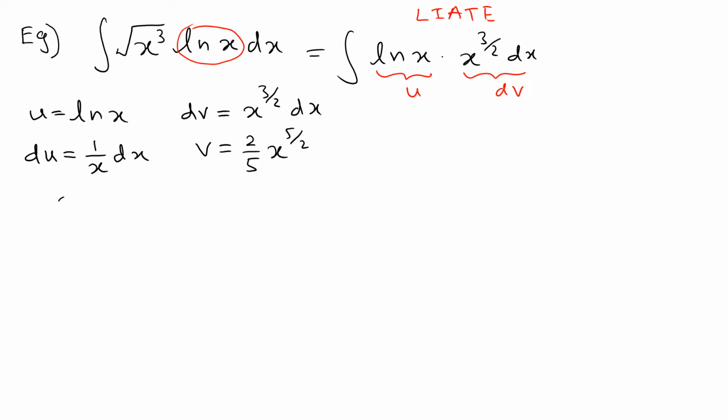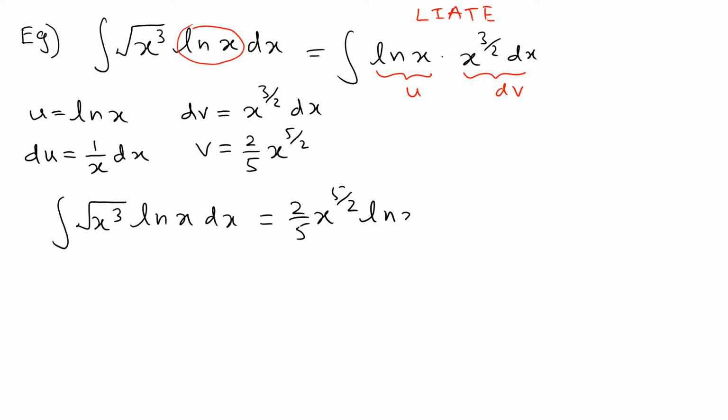So we have the integral of x times the square root of x, times ln x dx, equal to uv minus the integral of v du. So uv in this case is 2/5 x to the 5 halves times ln x, that's the u and v.